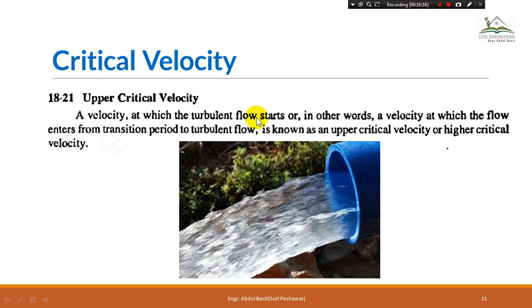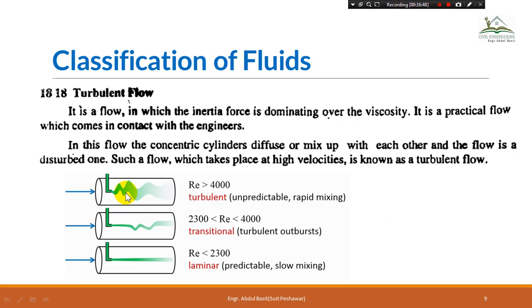The upper critical velocity is the velocity at which the turbulent flow starts. So the velocity at the zone between transition and turbulent is called the upper critical velocity, and at the zone between laminar and transition, it is called the lower critical velocity. The velocity at which the flow enters from the transition period to turbulent flow is known as the upper or higher critical velocity. So let me show it from here.